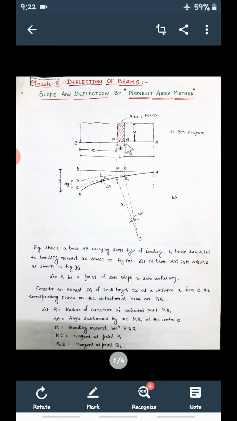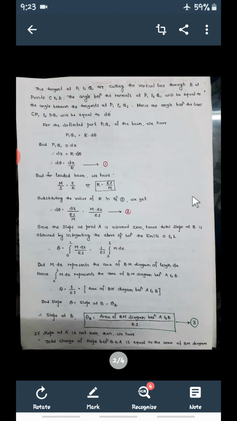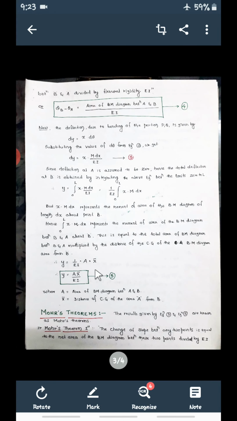If I multiply m into dx, which is area, by the perpendicular distance x, this area into perpendicular distance is nothing but the moment of this area about B. Area into this perpendicular distance. M into dx is area; if you multiply x here, this will be the moment of this area about B. So that you have written here.